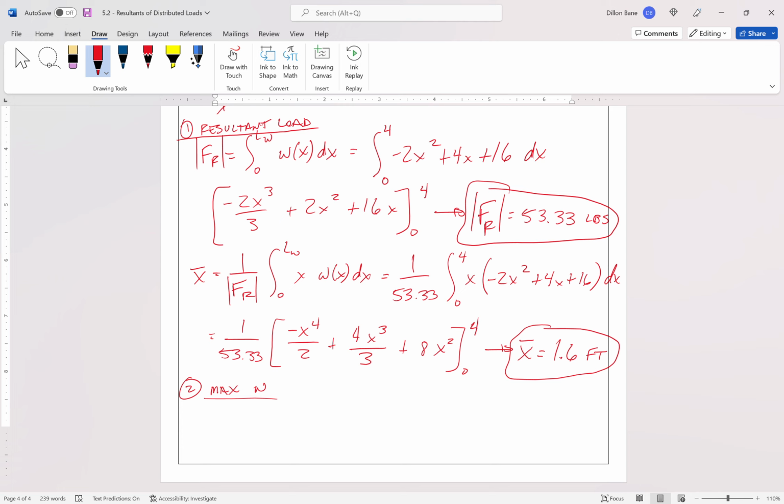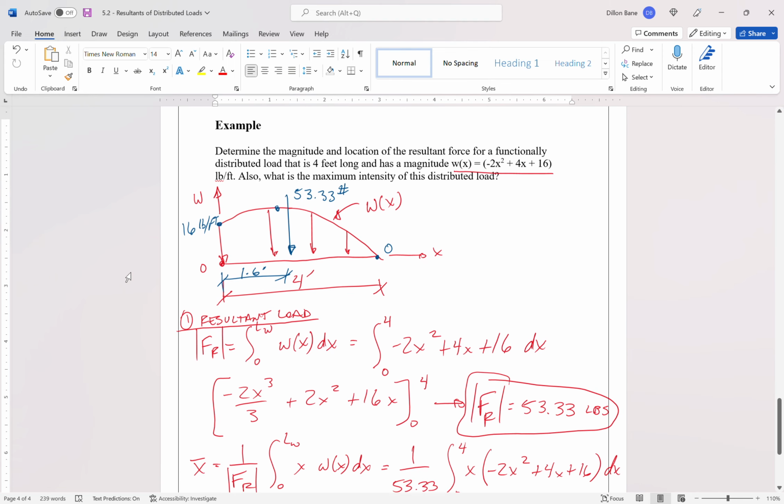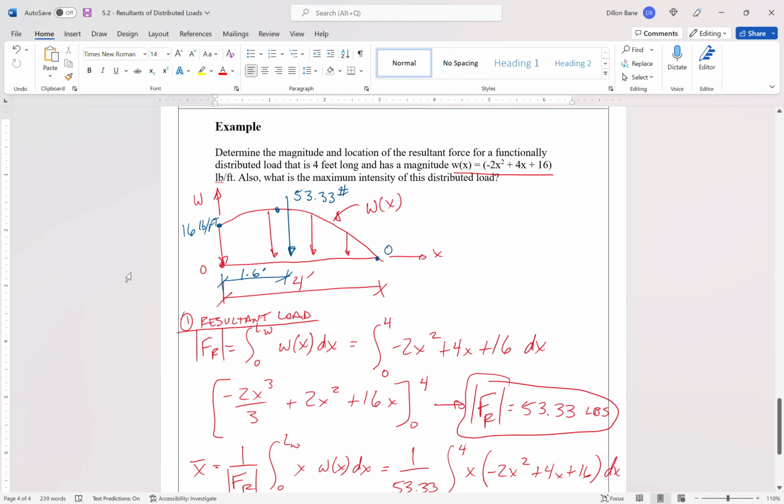All we do is take that derivative, set it equal to 0, and solve for that location. So we know what W is. Let's just take dW dx. So derivative of W with respect to x, we just get negative 4x plus 4.